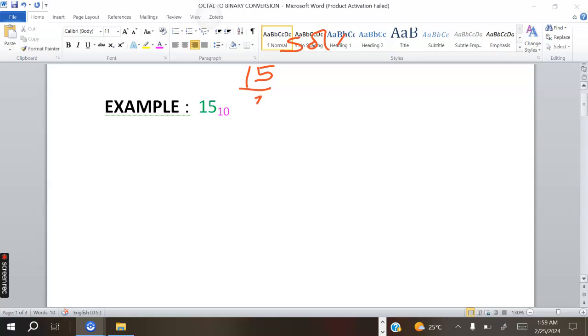15 divided by 2 is 7, remainder 1. Then you take the 7 and divide by 2, where you will get 3 remainder 1.